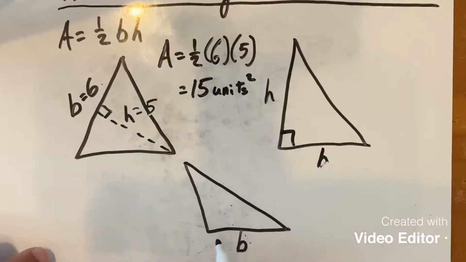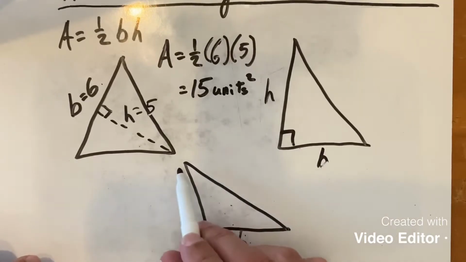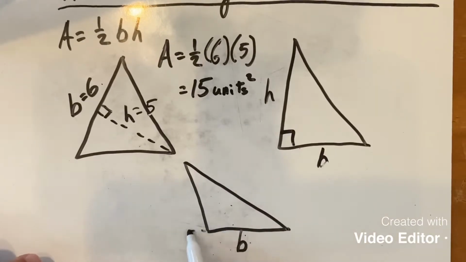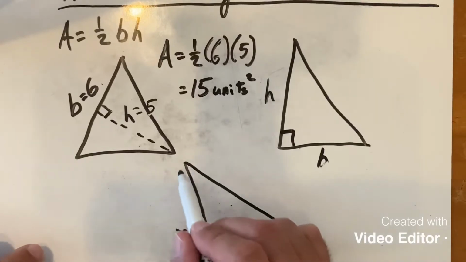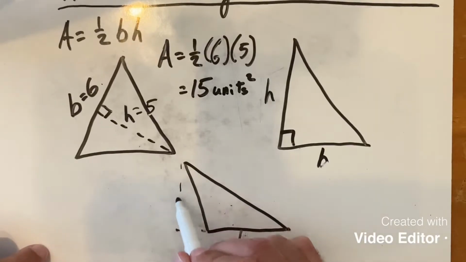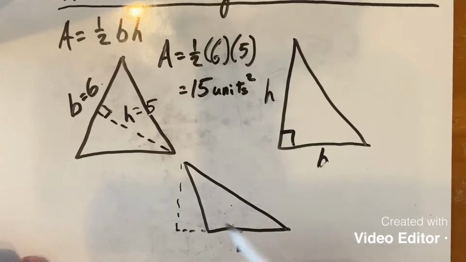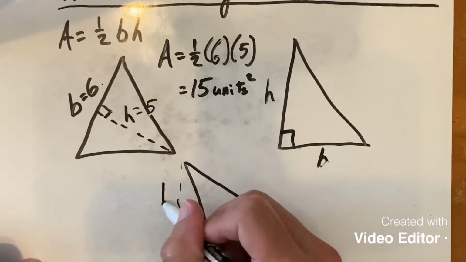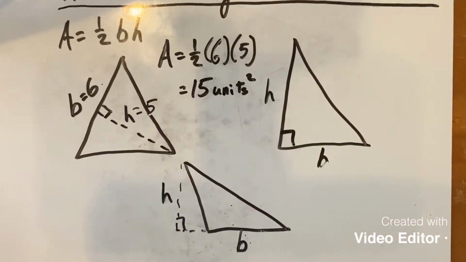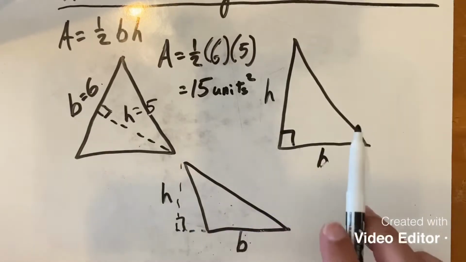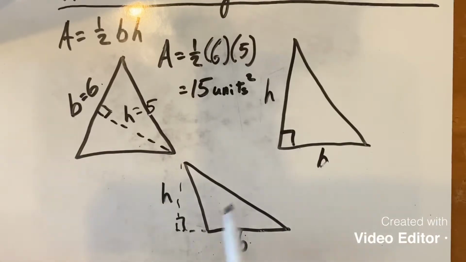The height is going to be perpendicular from that base. Since I can't go perpendicular to the vertex because it's out here, I need to extend that side out until I can go perpendicular to that vertex, and then that distance will be considered your height. So make sure that you pay attention to whether it's an acute, a right, or an obtuse triangle, because finding the height will be different for each one.